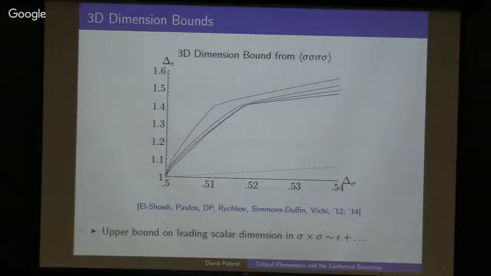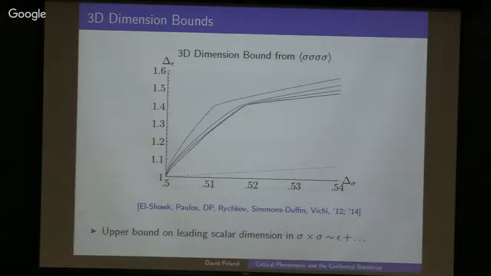The first plot I want to show you is one of the most exciting ones that came early on in this program. This is from work done in 2012. The idea is, we look at a 4-point function, sigma, sigma, sigma, sigma. We look for a bound on the scaling dimension of the first operator that appears in the conformal block expansion of this 4-point function, delta epsilon.